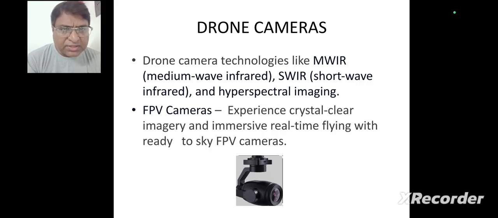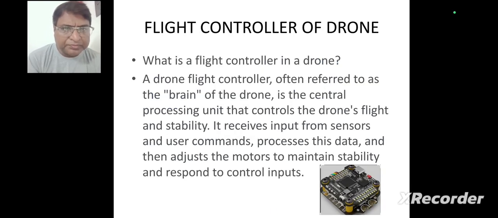Drone cameras. Drone camera technology like MWIR, medium wave infrared, SWIR, short wave infrared, and hyperspectral imaging. FPV cameras give crystal clear imagery and immersive real-time flying with the ready-to-sky FPV camera.